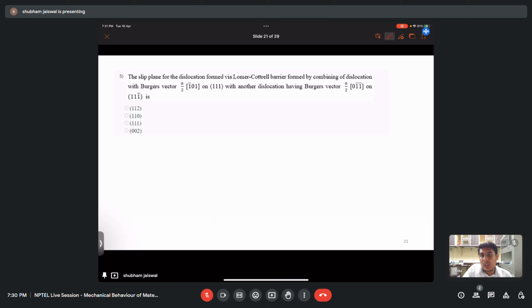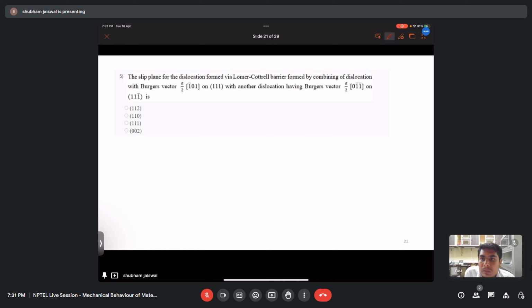The question is like this: the slip plane for the dislocation formed via Lomer-Cottrell barrier, formed by the combination of a dislocation with Burgers vector A by 2 1 bar 0 1 on the 1 1 1 plane with another dislocation having Burgers vector A by 2 0 1 bar 1 on the 1 1 1 bar plane.